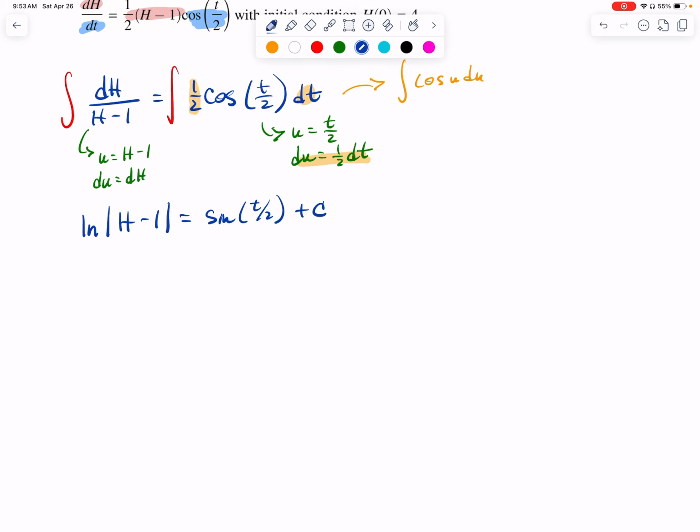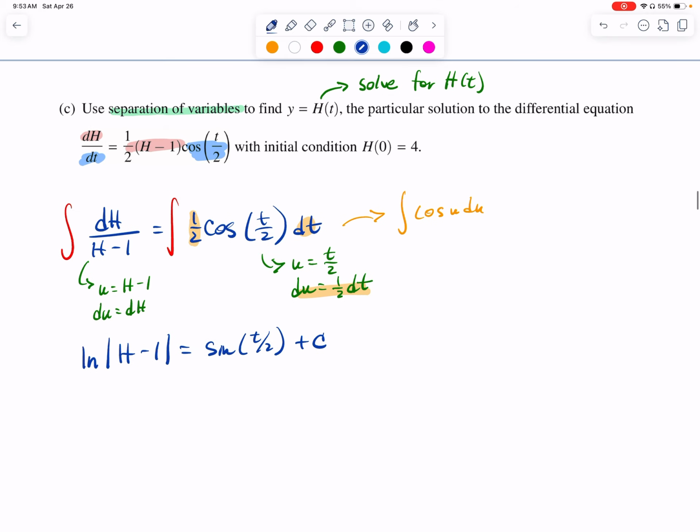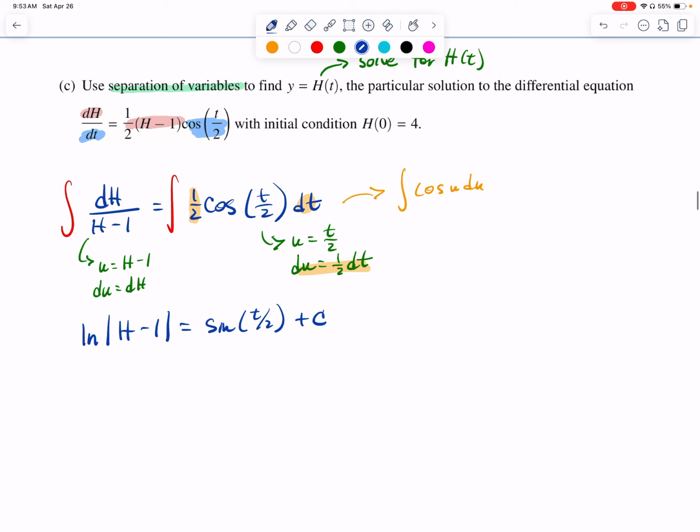Okay, and so remember what we said. We do have to isolate your h in order to get full credit. And then we have to also use this initial condition. At what point you use your initial condition is optional. I tend to use it as soon as possible.